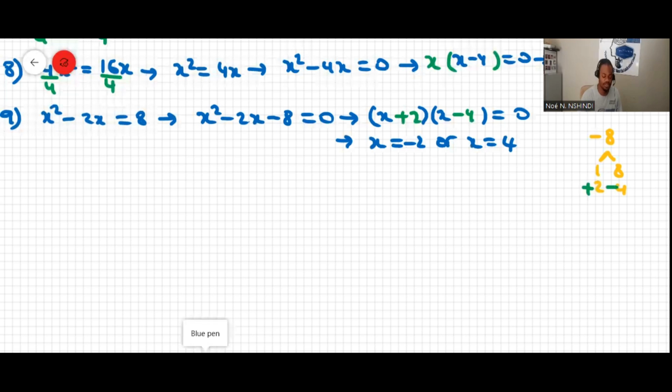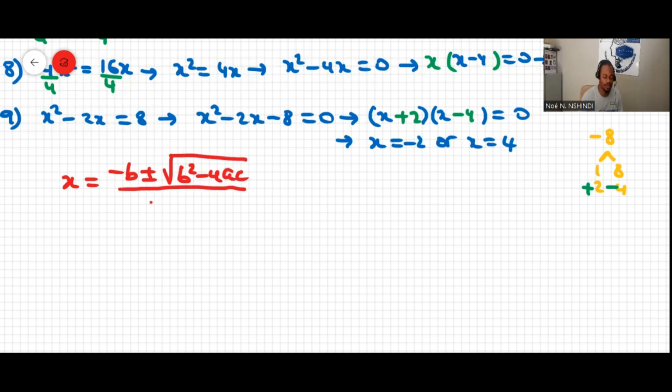But if I want to use the quadratic formula, we need to know that the formula is given by x is equal to minus b plus minus square root of b squared minus 4ac, all over 2a. First of all, let me just write where the quadratic equation itself is ax squared plus bx plus c.